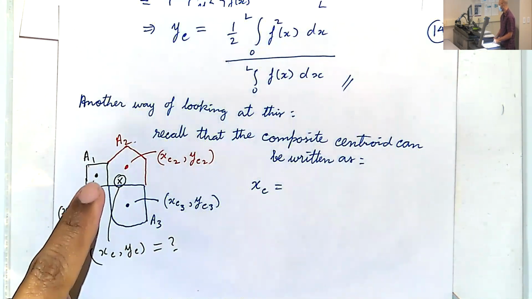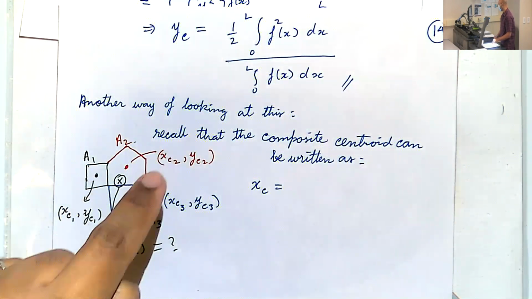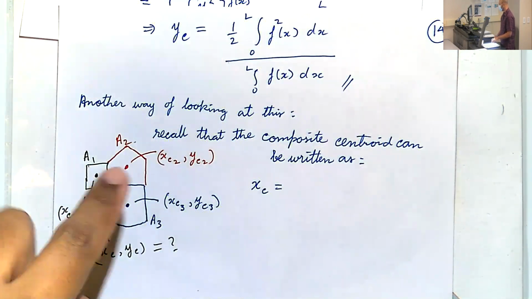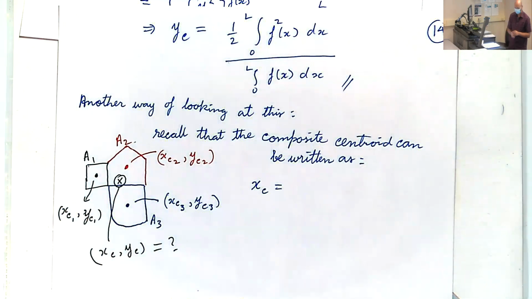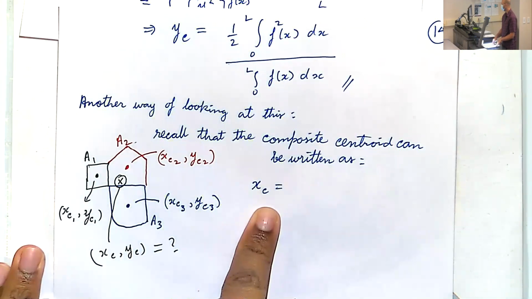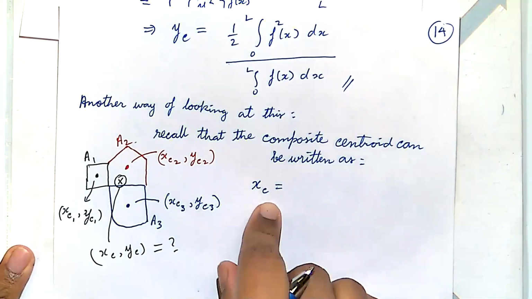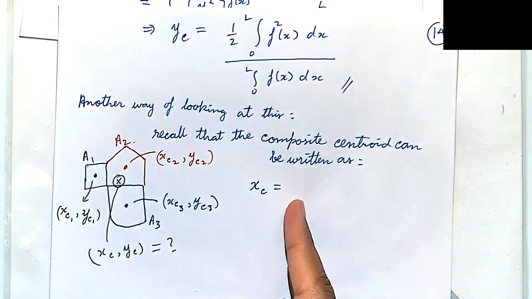How do you compute center of mass? If I gave you mass of the first one, center of mass of the first one, mass of the second one, center of mass of the second one, etc., how do you compute the composite center of mass? Isn't it like the summation? Yeah, summation.